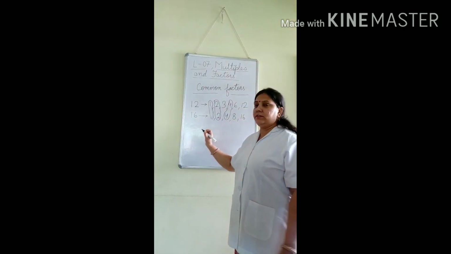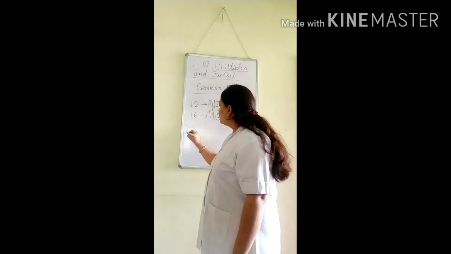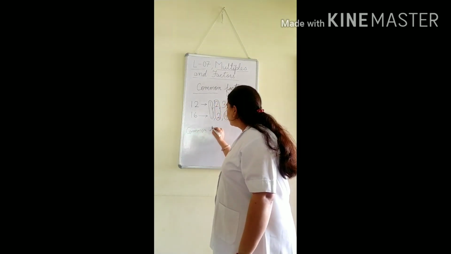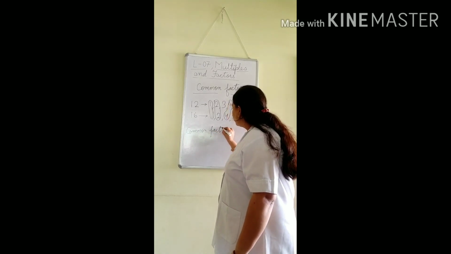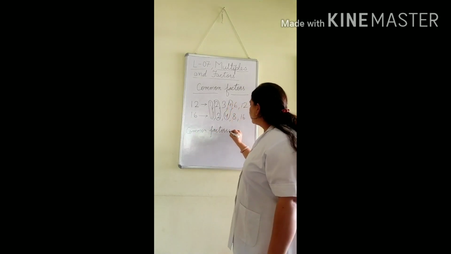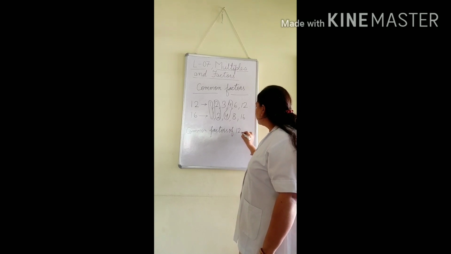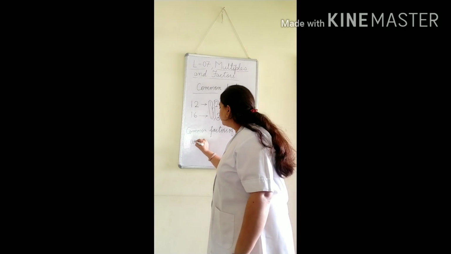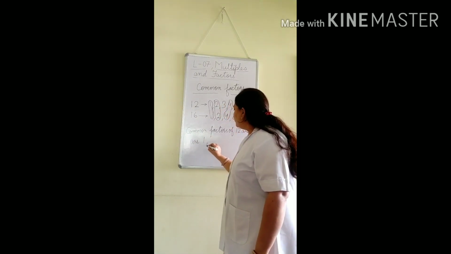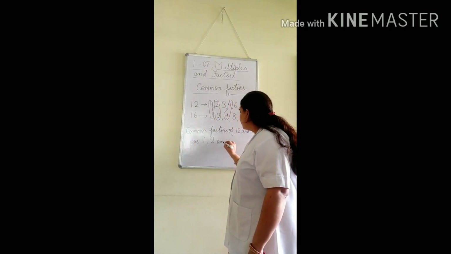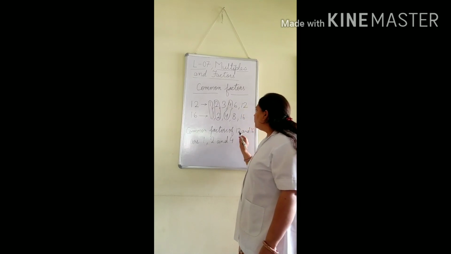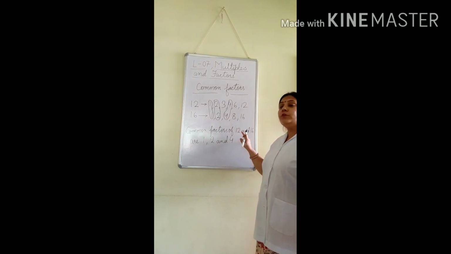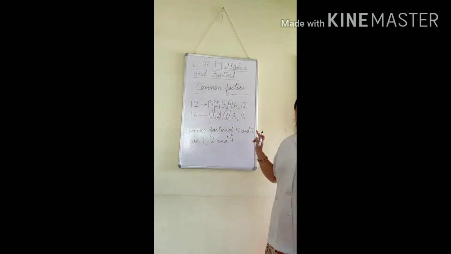So the common factors are 1, 2 and 4. 1, 2 and 4 are the common factors of 12 and 16.